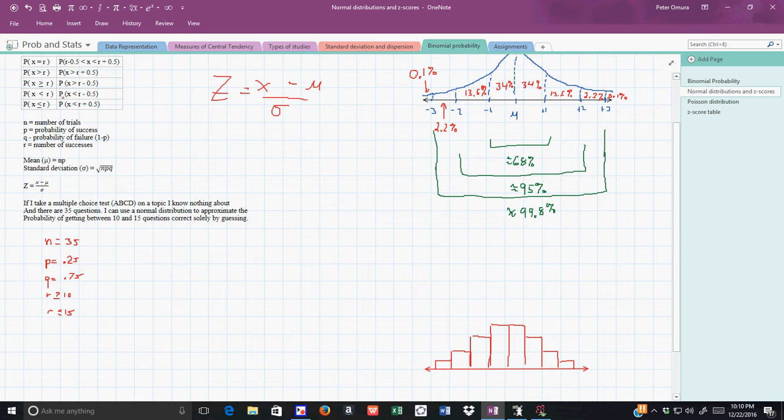If I go to my chart, I want my R value to be greater than or equal to 10. So I want my X value to be 10 minus 0.5.